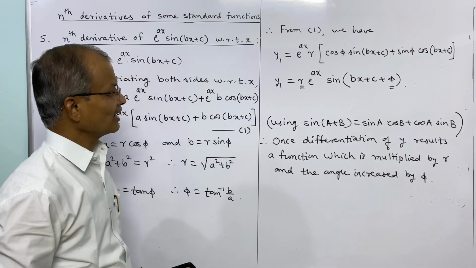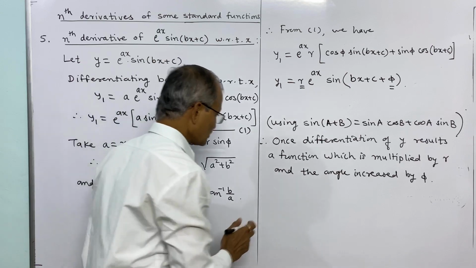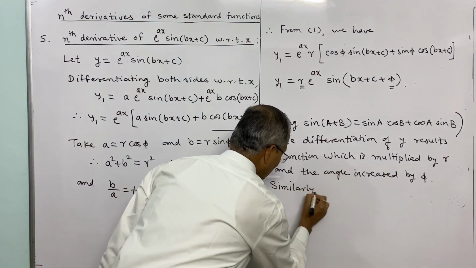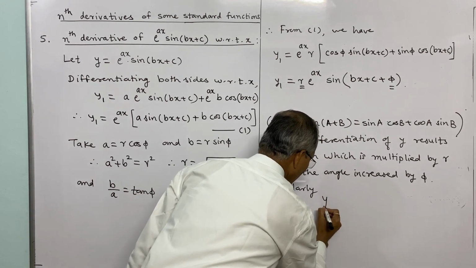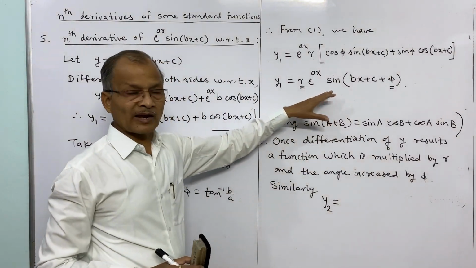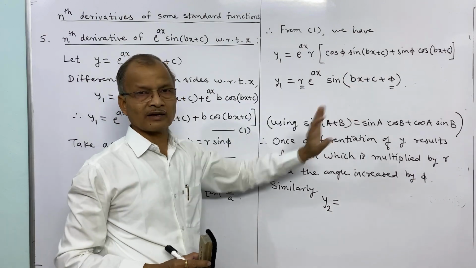Likewise, we should write what is y2. Similarly, y2 can be written from y1 multiplied by r and increasing the angle by phi.